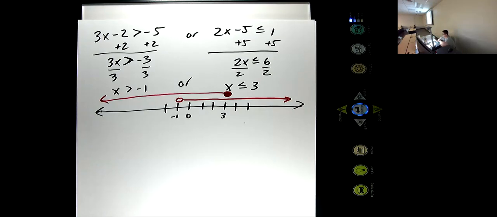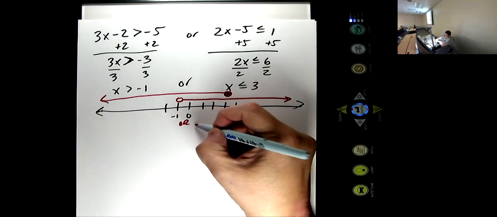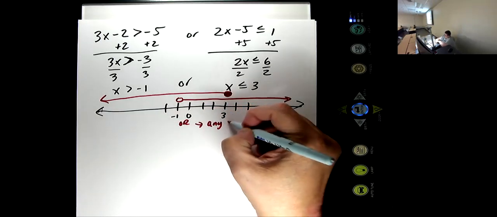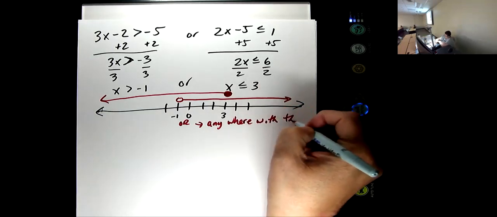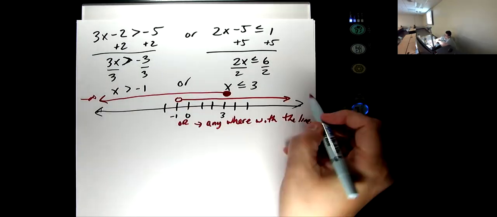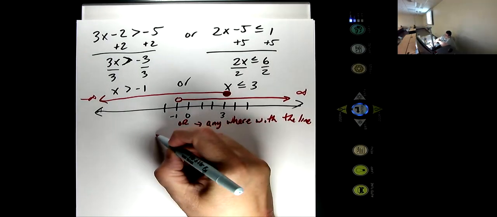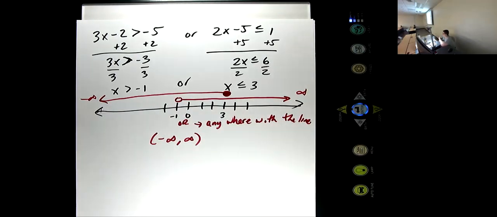With the or, it means anywhere there's a line. And we're hitting all the way over to negative infinity and positive infinity. Any number works for this. That's a tricky one, wasn't it?